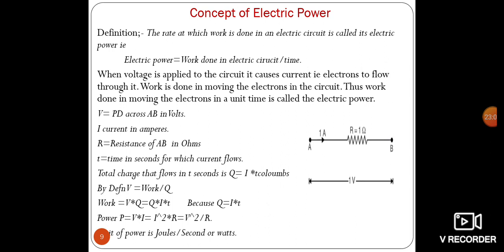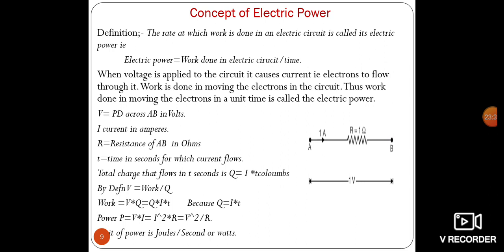V is equal to potential difference across AB in volts. So here 1 volt we have shown, that is the potential difference between A and B points in volts. R is the resistance of AB in ohms. T is the time in seconds for which current flows. So the total charge that flows in T seconds is Q equal to I into T coulombs.